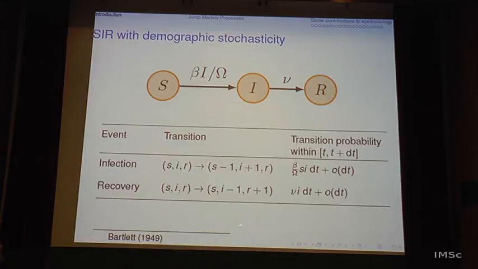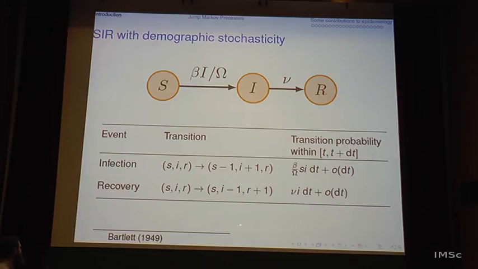So the way we describe it is not, obviously, in terms of a differential equation, but usually we write a table describing the transitions. So an infection is when I take one guy out of the susceptible compartment and put him in the infectious. So my new state of the population is going to look like this. Recovery tells me that the probability within a given time interval is proportional to the rate times this time interval.